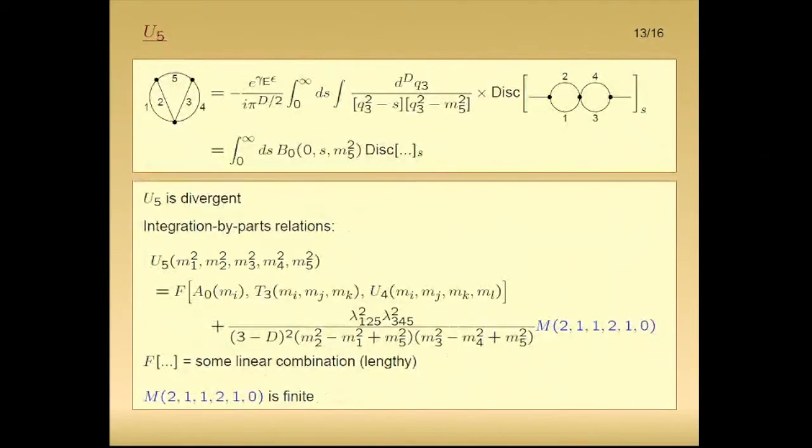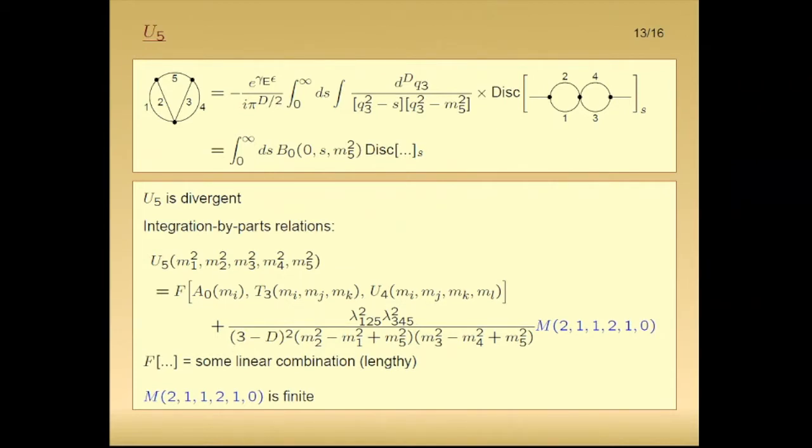Now coming to the next master integral where I have an additional propagator. It's actually not much different than the one before. I only get an additional propagator term over here before I perform the last loop integration. But this is still this, okay, instead of an A0, I have a B0 function here. No big deal. Again, this is UV divergent. I somehow have to make it into something finite.